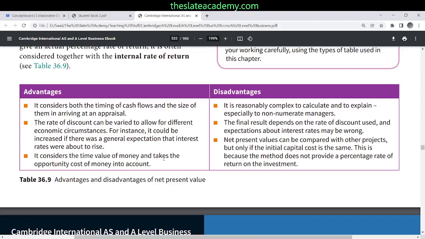The main problem with NPV is that it is reasonably complex, as I can hear from your voices. And it depends on the discount rate used, which may be varying.